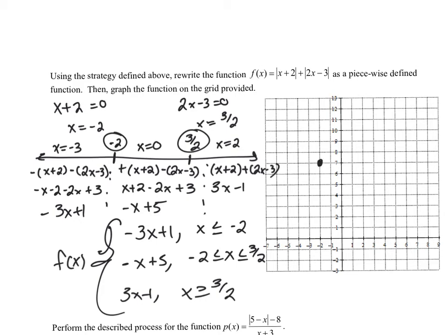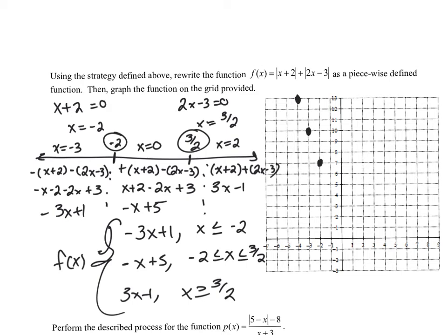And then our slope is -3, so we have to go up 3 to the left 1, up 3 to the left 1, okay? And then we have -x plus 5. So when x is -2, y is 7.